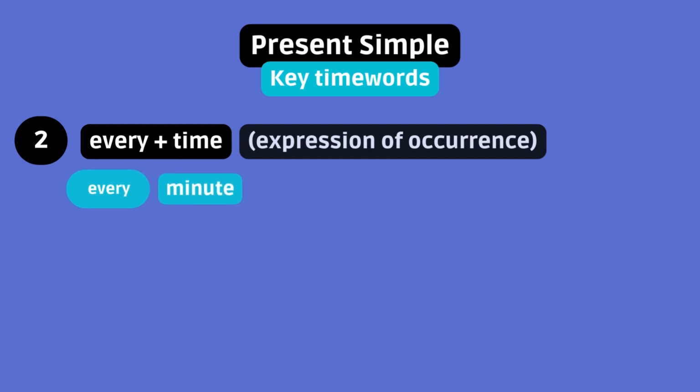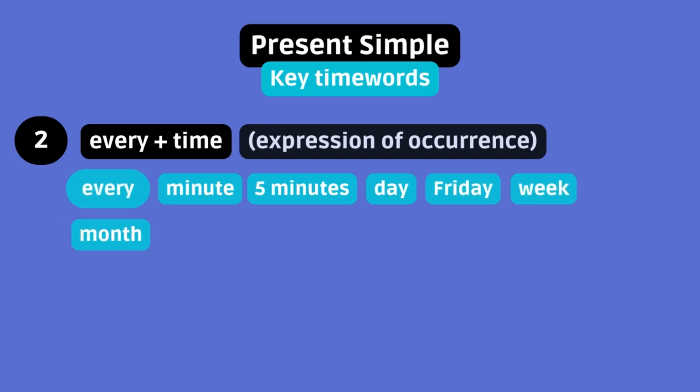Every minute, every 5 minutes, every day, every Friday, every week, every month, every summer, every year, and so on. It's often used in relation with habits or planned events taking place at regular intervals. This expression implies predictability and certainty, which is a perfect match with the present simple.